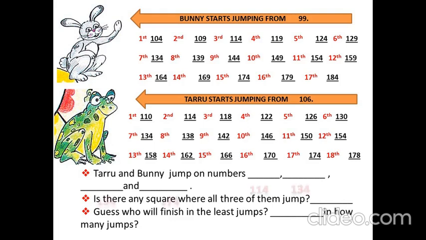Taru and Bunny jump on numbers 114, 134, 154 and 174. Is there any square where all three of them jump? Yes, 174.